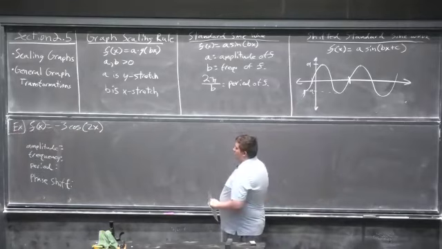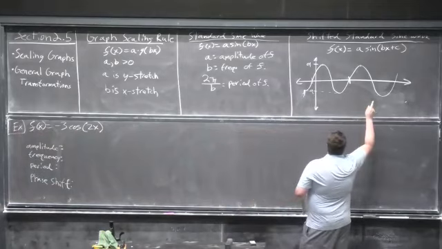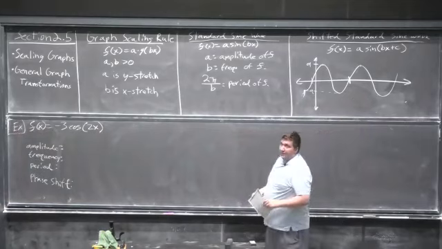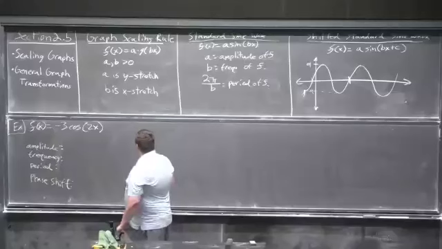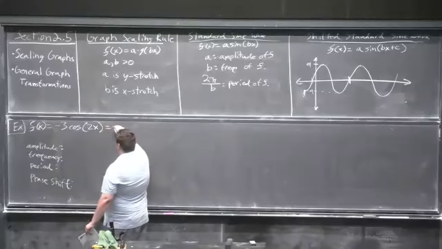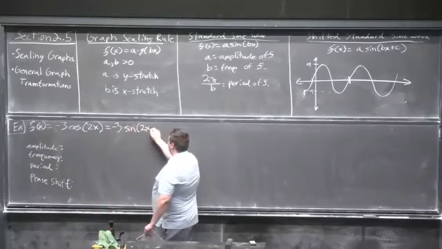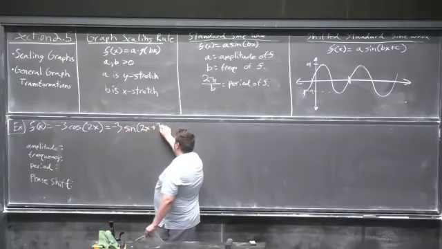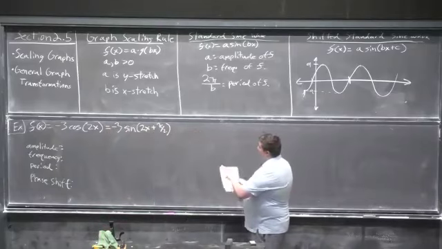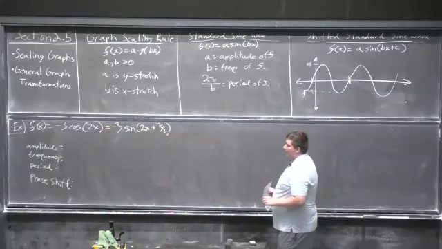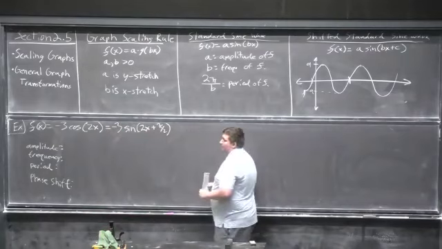So we have to get our a sine bx plus c with a and b being positive. Well, as mentioned before, we could rewrite this as negative 3 sine of 2x plus pi over 2. As we can shift sine by pi over 2, and it will mimic a cosine.